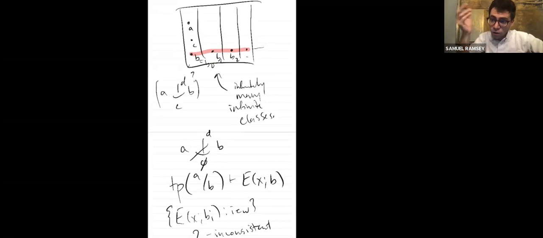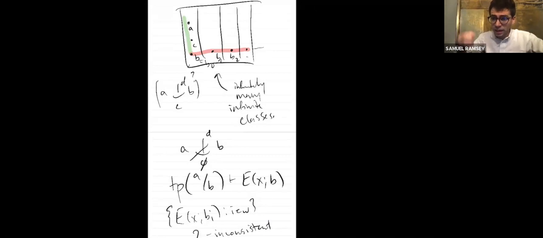Although the type of A over B says x is equivalent to B, if I move B along an indiscernible sequence in a type over C, I look at a C-indiscernible sequence in the type of B, all those things have to be equivalent because part of the type of B over C says I'm in the class of C. So if I took an indiscernible sequence starting with B over C, it would look like this.